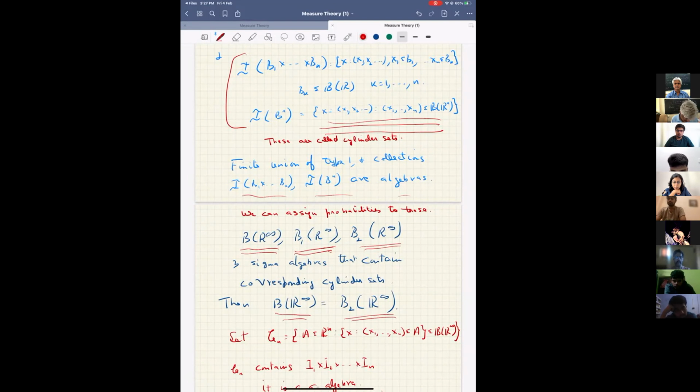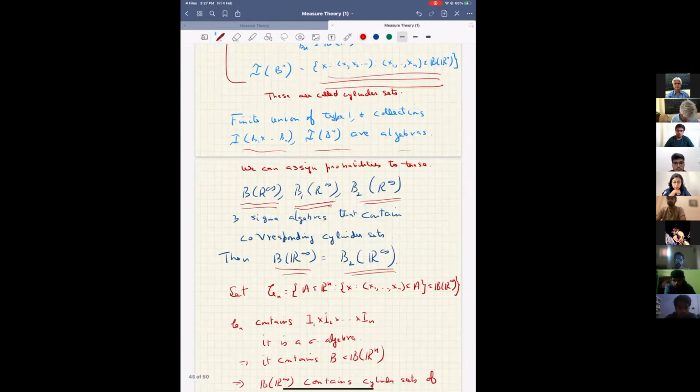All right. How do we do this? Let's define this calligraphic Cn to be all A in Rn such that if I look at all the cylinder sets with x1 through xn in A, that belongs to my sigma algebra B of R infinity. My B of R infinity is going to have a lot of these cylinder sets in it.